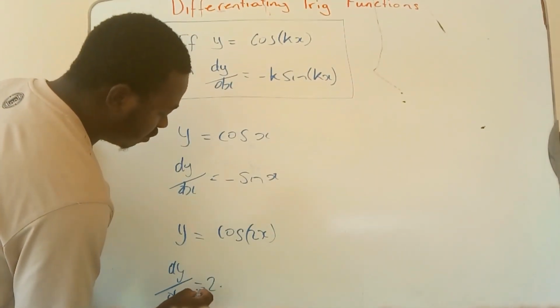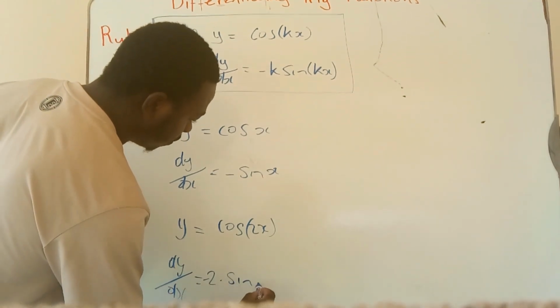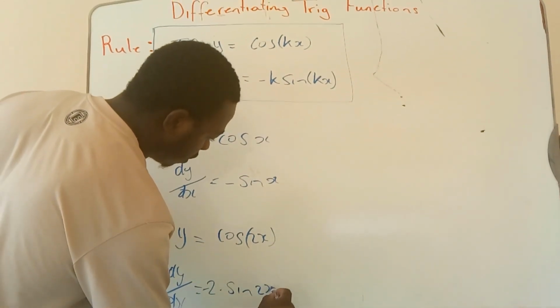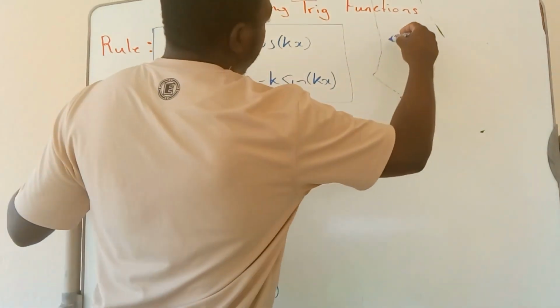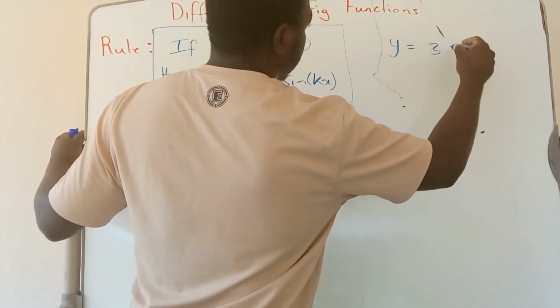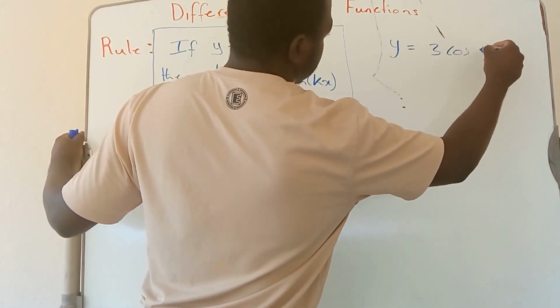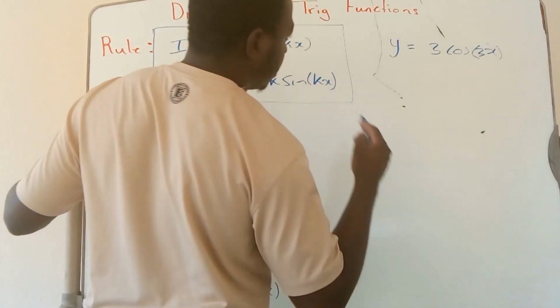I'm going to put the minus in front of the 2 here and put sine 2x. And that's it. Let's look at another one. Let's say you have y is equal to 3 cos 3x. You are asked to differentiate this, right?